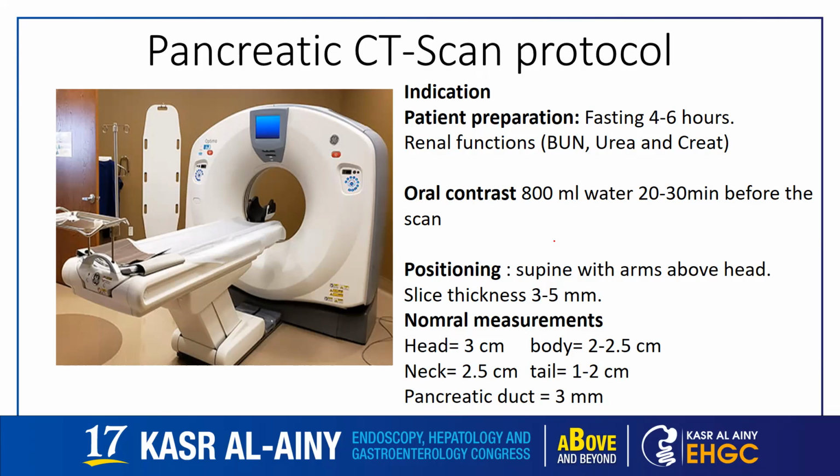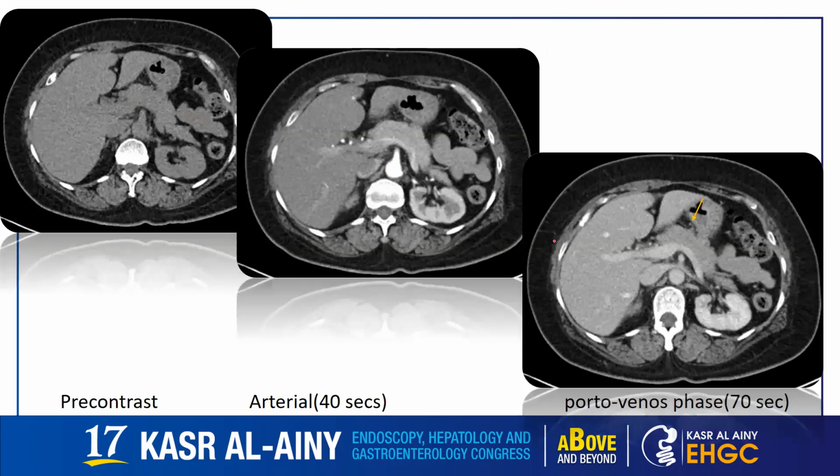The patient is asked to drink about 800 milliliters of water 20 minutes before the scan. Usually the imaging is acquired from just below the costal margins to the upper iliac crests with the patient in a supine position with the arms above the head. The slice thickness used around the pancreas is 3 to 5 millimeters to find any minor lesions.